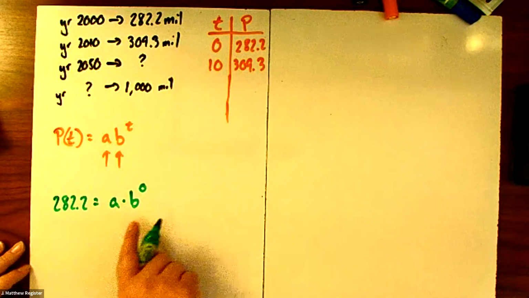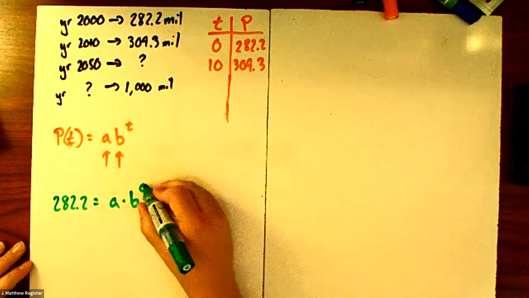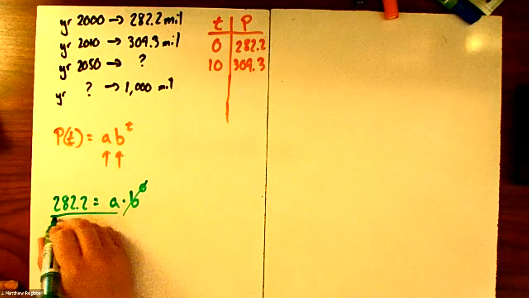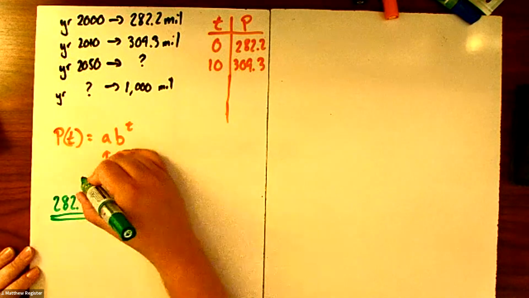Well, B to the 0 is just 1. And that leaves us with A is equal to 282.2. Already we figured out that one.